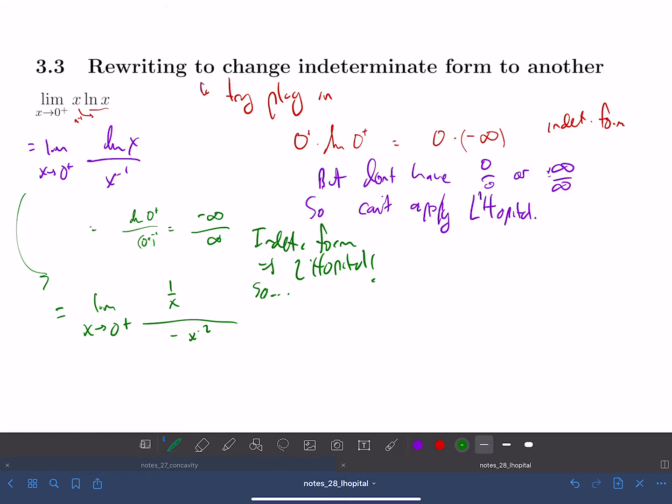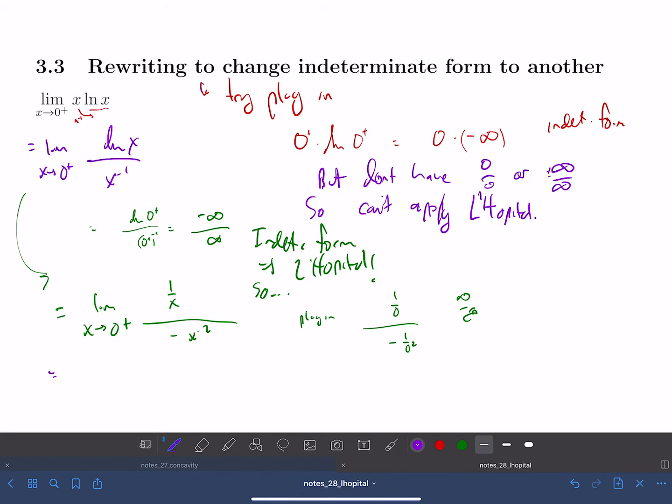And now I'm going to try to plug in again. And I'm going to get 1 over 0 over minus 1 over 0 squared. Infinity over infinity. Am I hosed? No, we're totally not hosed. We're good to go.